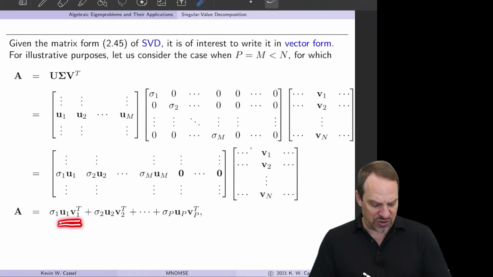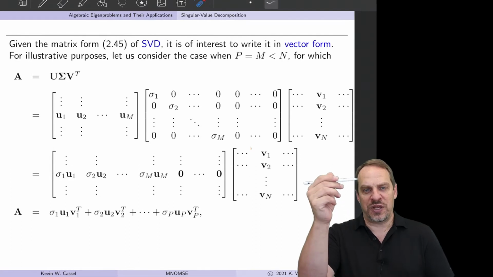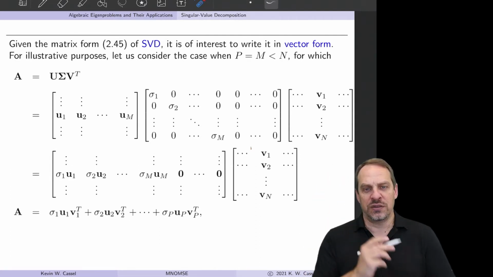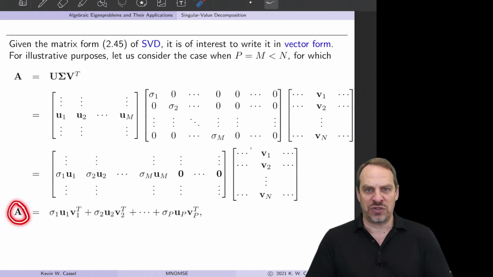If you switch the order, so say U1 V1 transpose, now that becomes actually a matrix. U1 is m by 1. V1 transpose is a row vector, that's 1 by n. So the end result of that matrix multiplication is going to be an m by n matrix. So these outer products produce a matrix of the same size as the original A matrix.